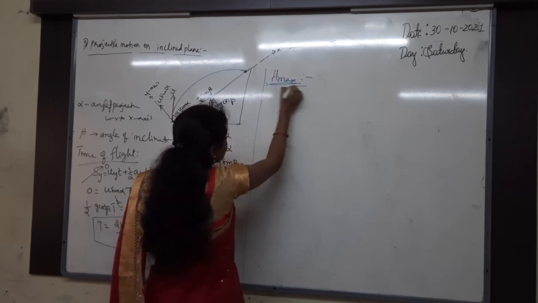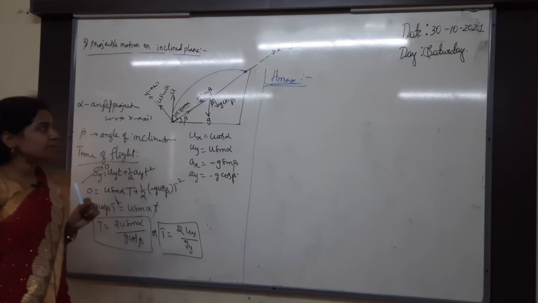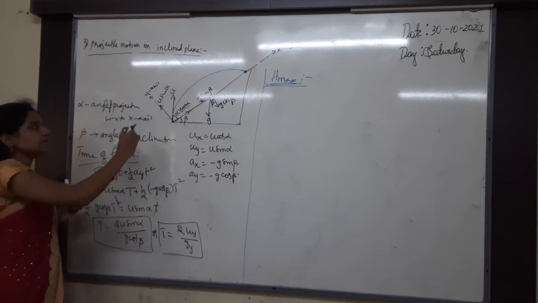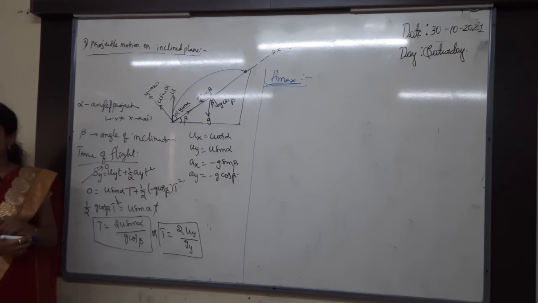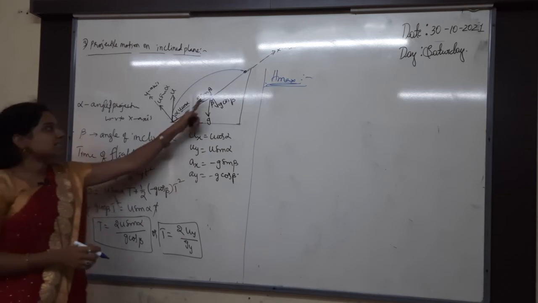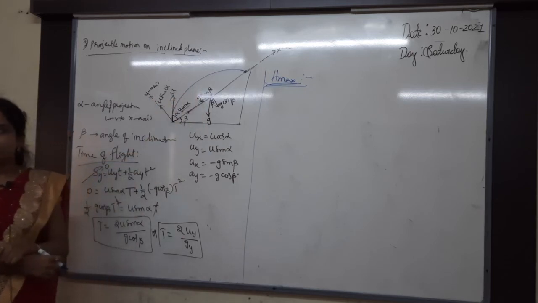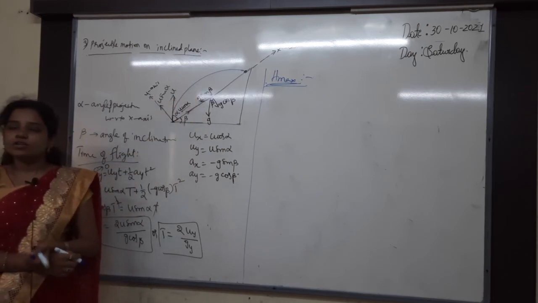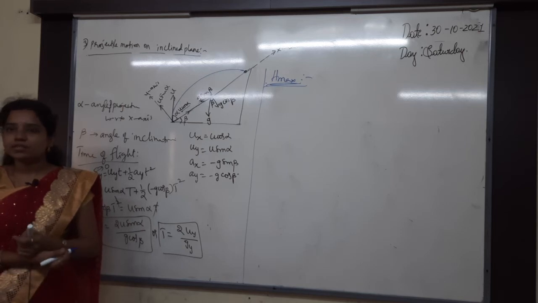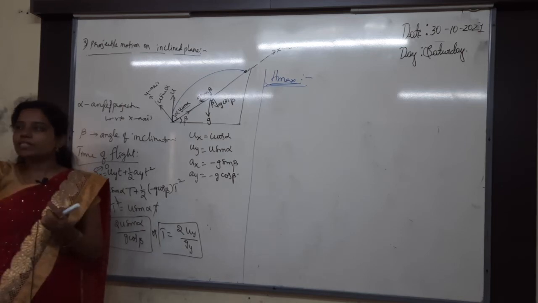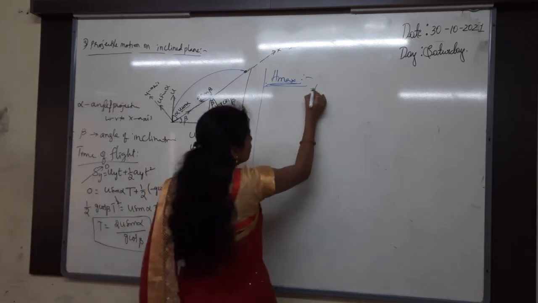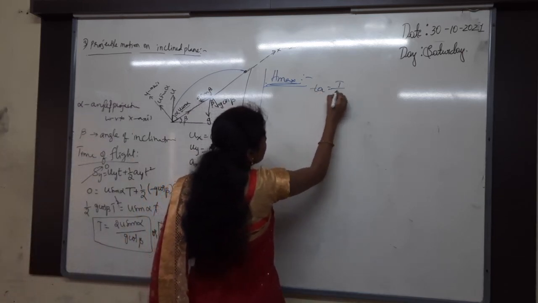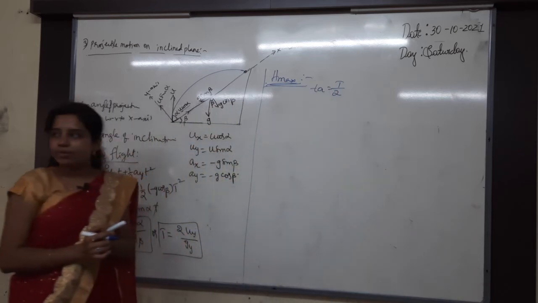Now there is a very basic logic here. Whenever it is going to the maximum height, how much time will it take? Half of the total time of flight only, no? Time of ascent, from ground to maximum height. Time of ascent is nothing but the total time of flight divided by 2, T by 2.